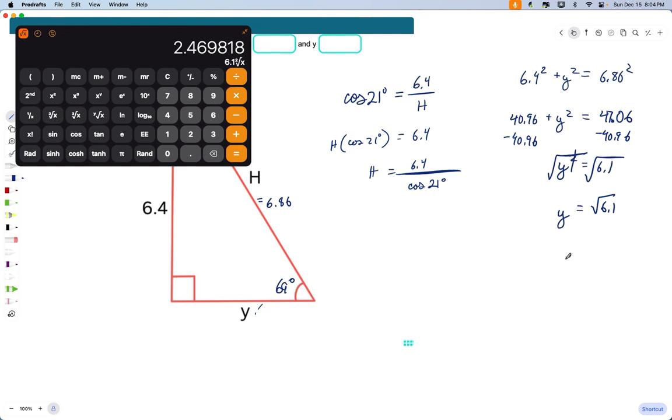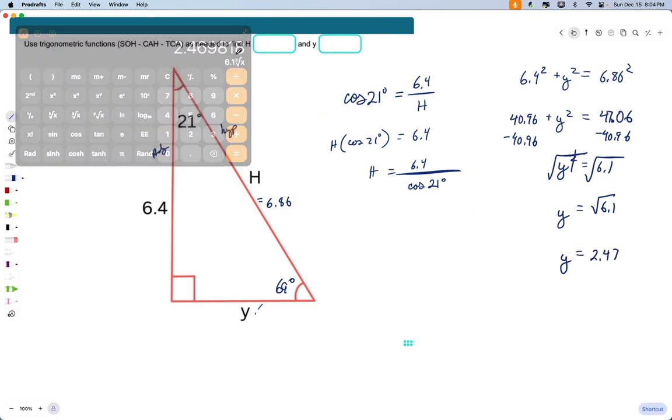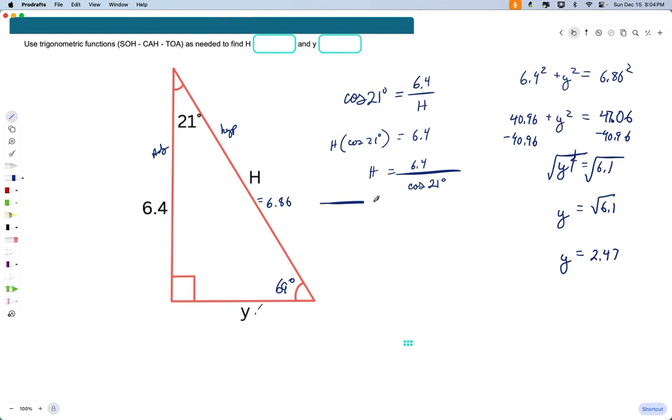Okay, so let's try it the other way. So we're going to use, this will be the adjacent side to 69, and this is the hypotenuse. All right, so the cosine of 21 degrees is equal to, we're looking for y, so y over 6.86.